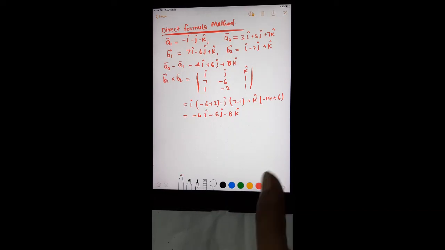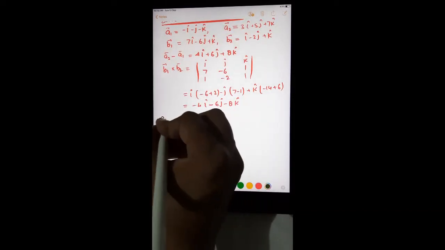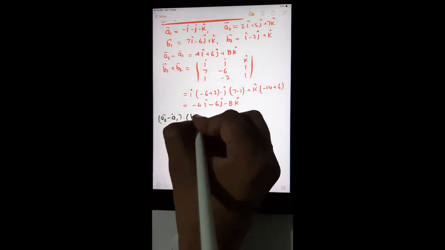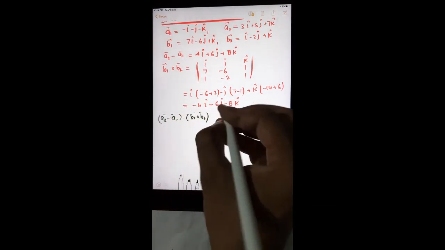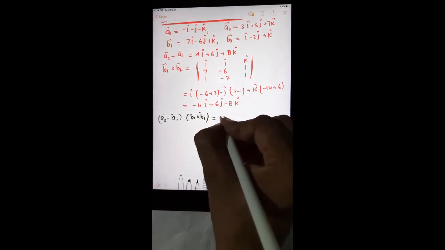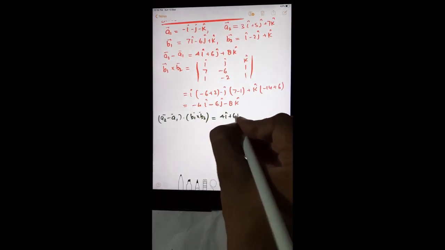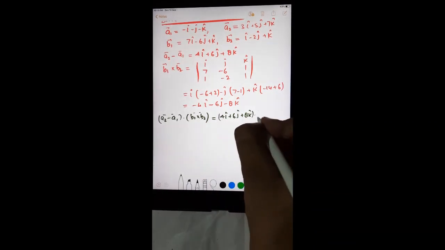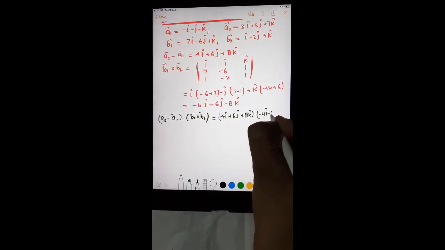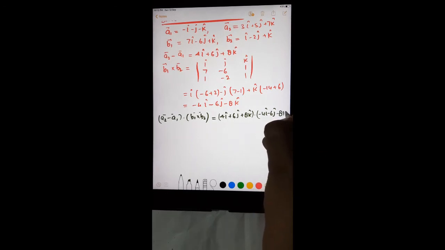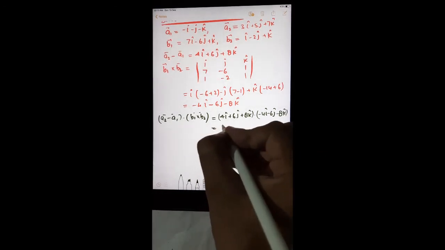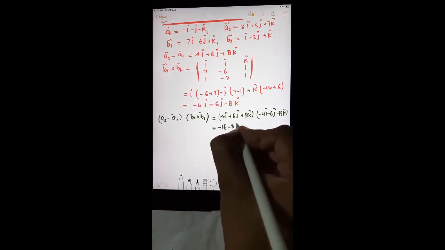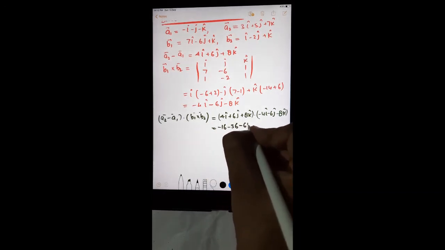Now find the dot product of A2 minus A1 with B1 cross B2. A2 minus A1 was 4i plus 6j plus 8k, and the dot product with the vector minus 4i minus 6j minus 8k gives us minus 16, minus 36 and minus 64.